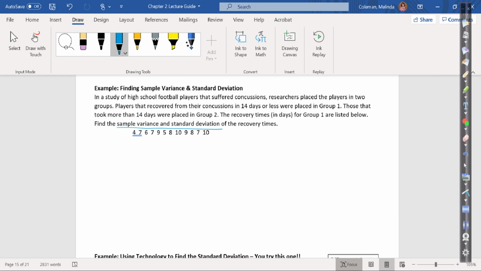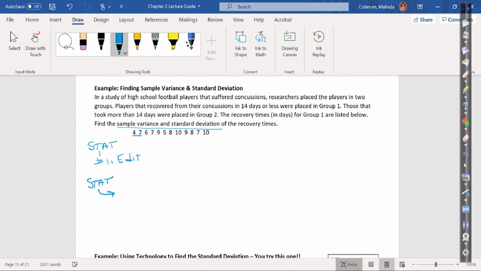All right. So remember from the last time, you're going to hit stat, and then you're going to go to number 1, which is edit, to enter the data. Then you're going to go back and hit stat.